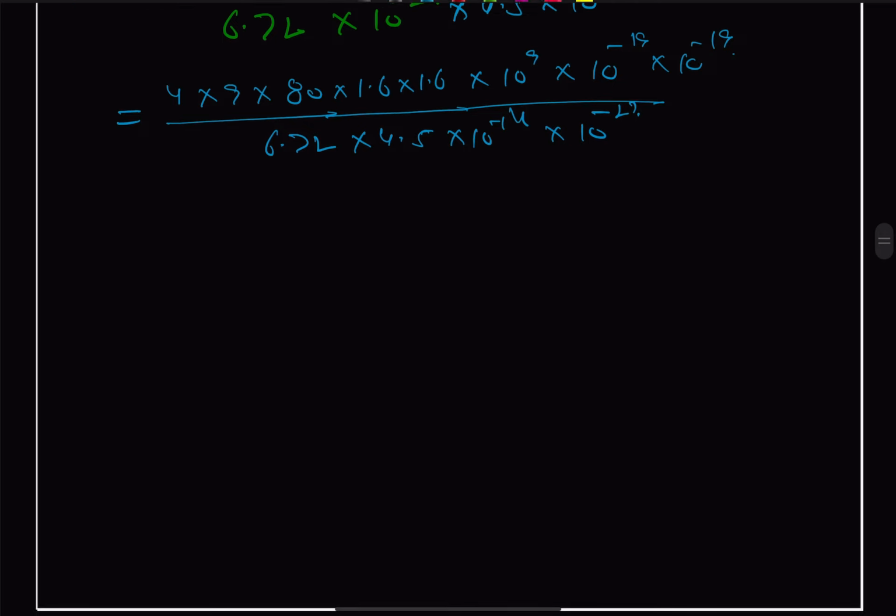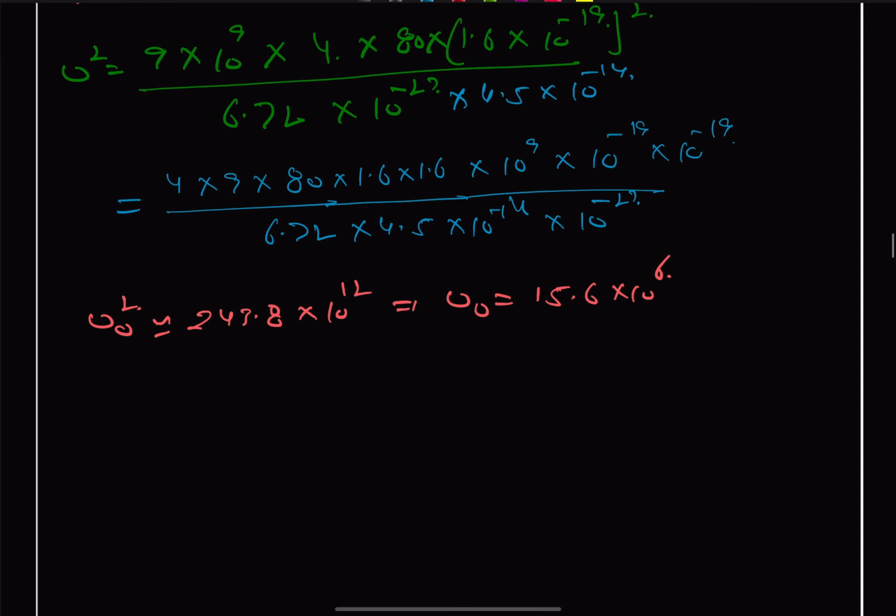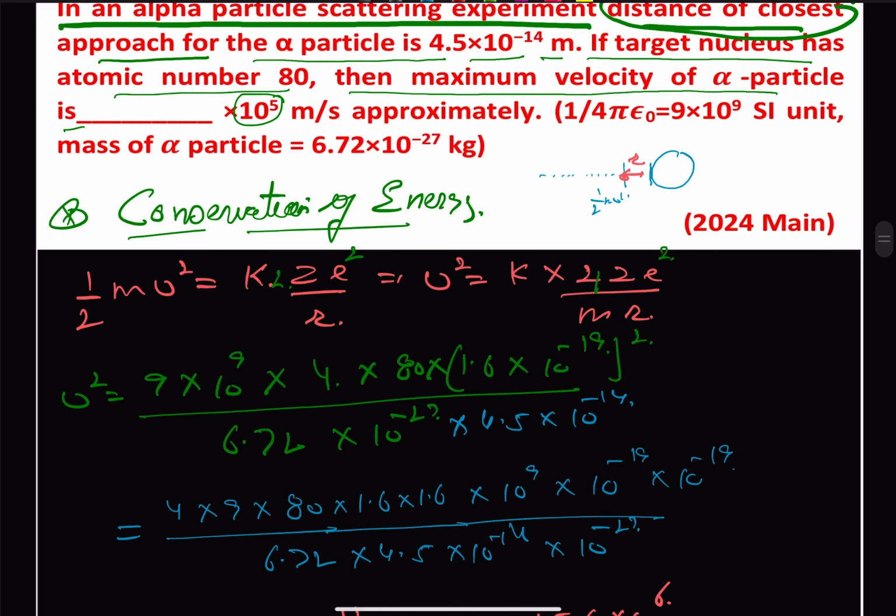And if we solve this, it will be coming as close to V naught square will be equal to 243.8 into 10 raised to the power 12, or we are given that V naught is equal to 15.6 into 10 raised to the power 6, and 10 raised to the power 5.